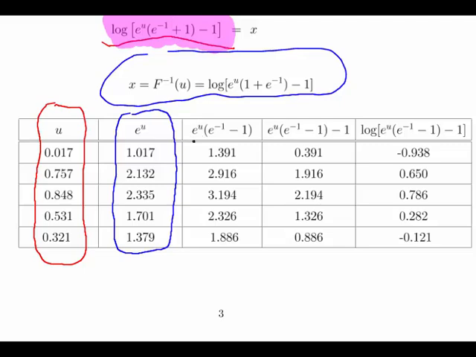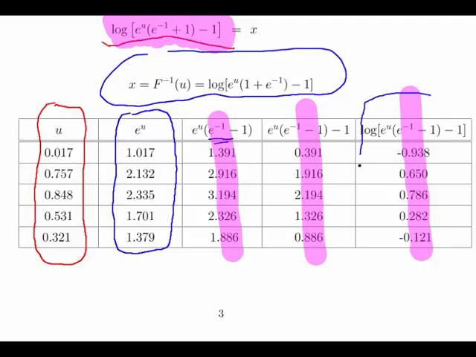Then build it up, multiply that by the exponential of minus 1. That part there is a constant term. Then we subtract 1 from each of those, and then get the logarithm of those.